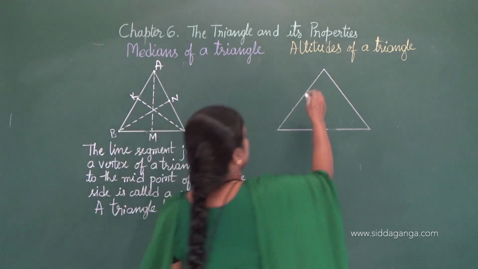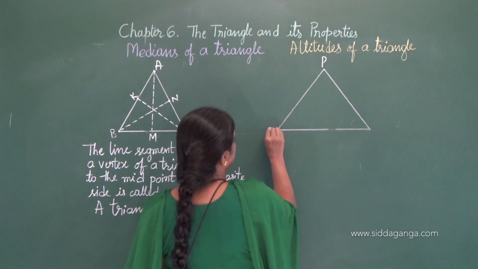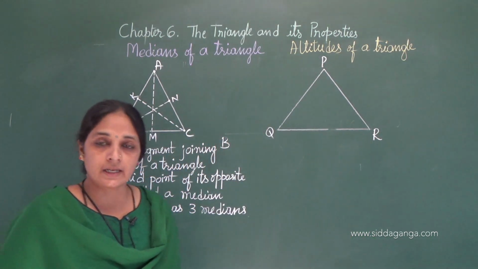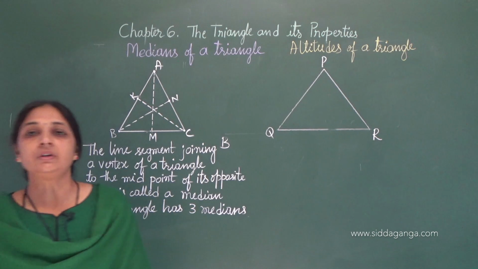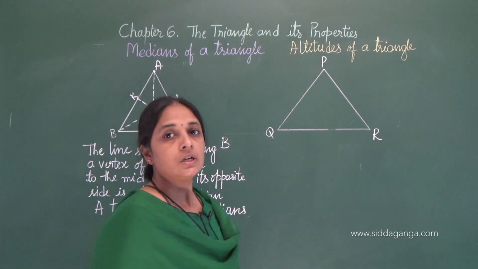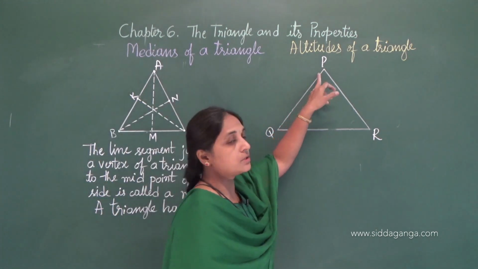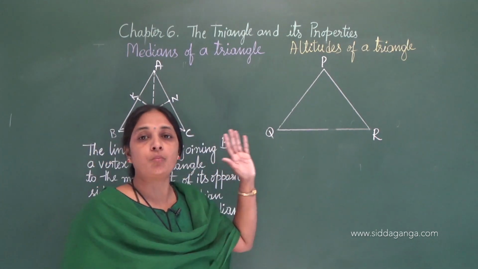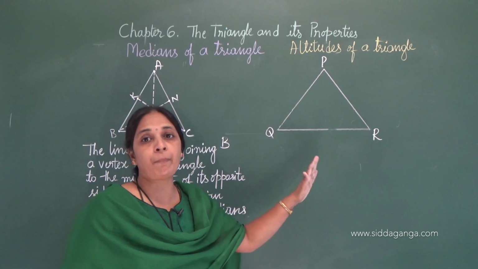Consider this as P, Q and R. Here also it's a line segment which joins a vertex of the triangle to its opposite side perpendicularly.